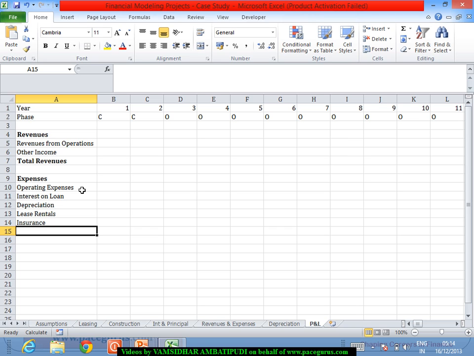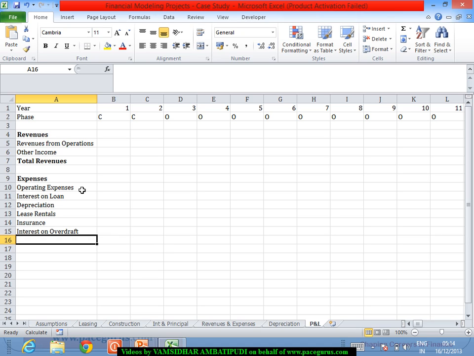And interest on overdraft. I'll talk about this. See, in case we fall short of cash, probably in any of the years, my cash inflows are much lesser than the cash outflows, but I still have to make those payments.